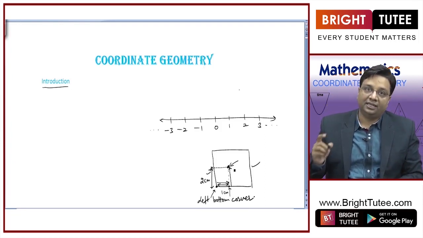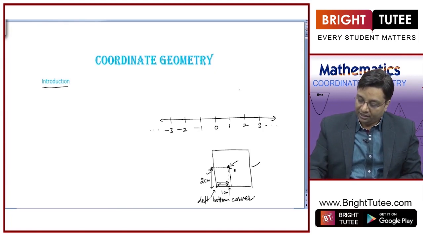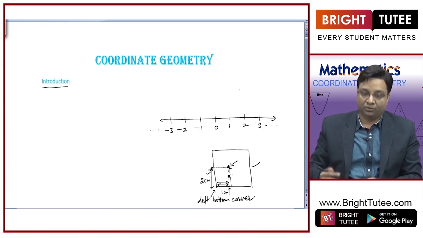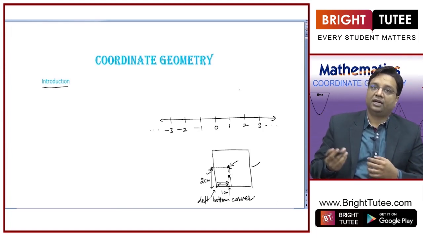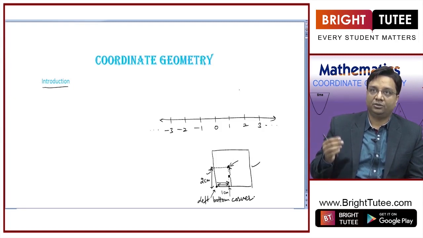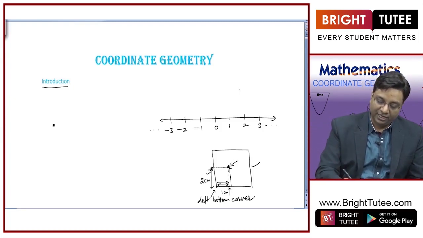And we reached exactly at that point. Okay, so this is what we are going to use in coordinate geometry to locate a point. Let us say if you are working in a big organization and you need the location of a certain office, right? So the location of an office can be found like this.